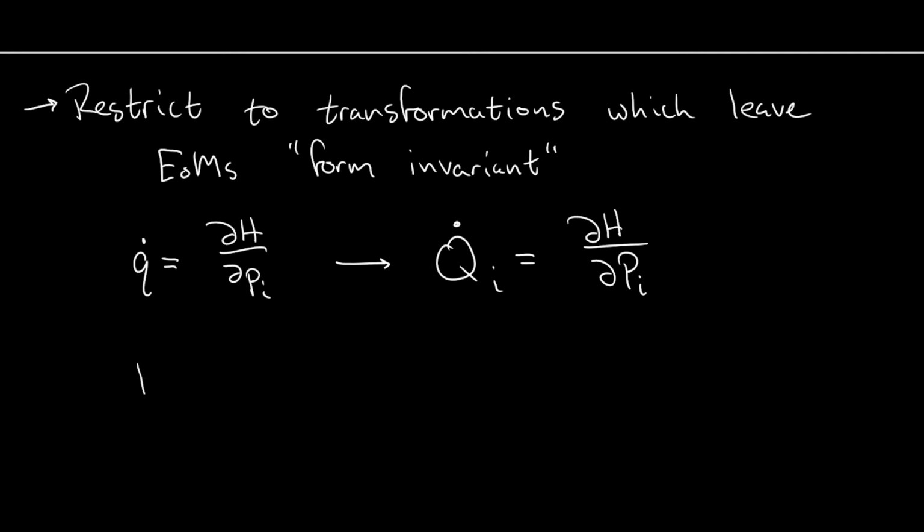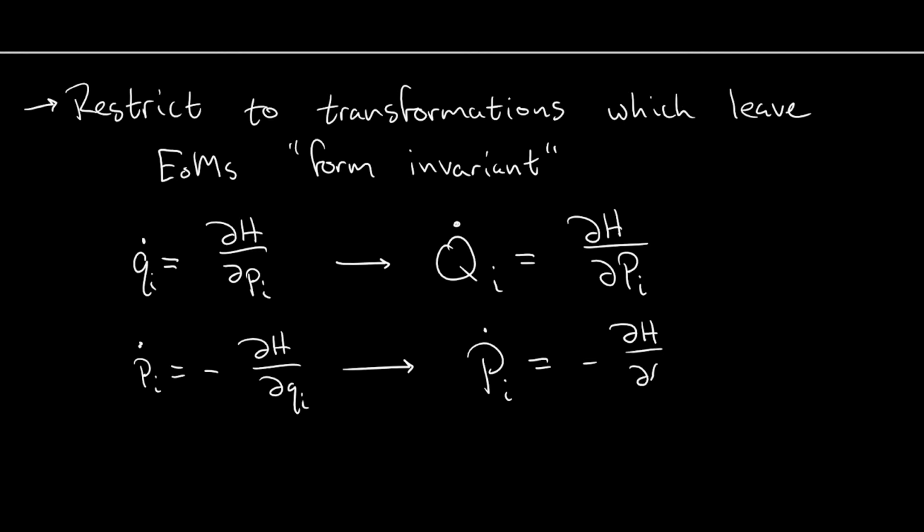And then same thing here for the momenta, P sub i dot equals minus dH over dQ sub i. So these are going to be the transformations that we actually care about. These are what we're going to be restricting ourselves to.